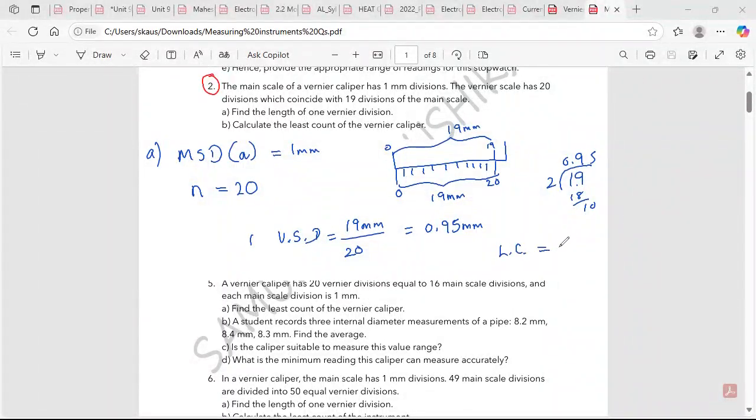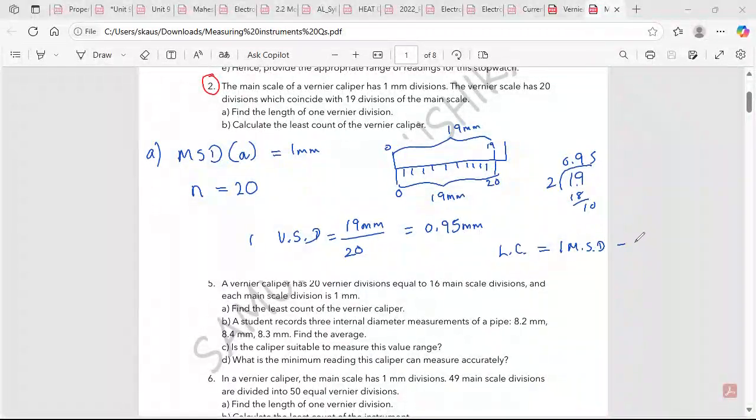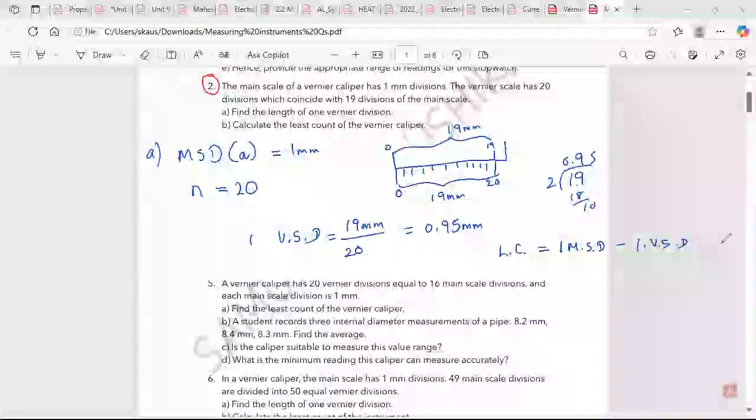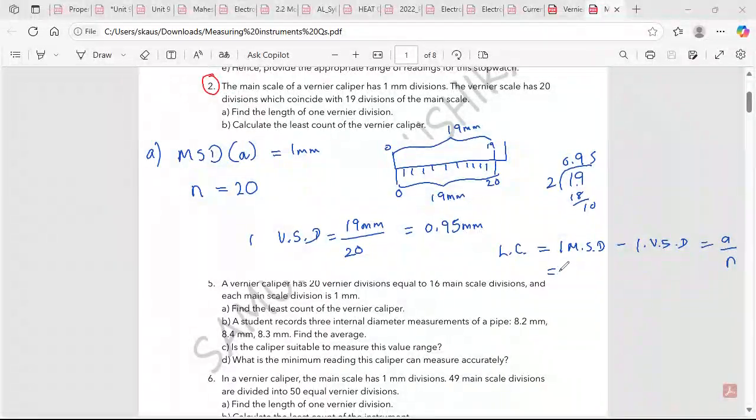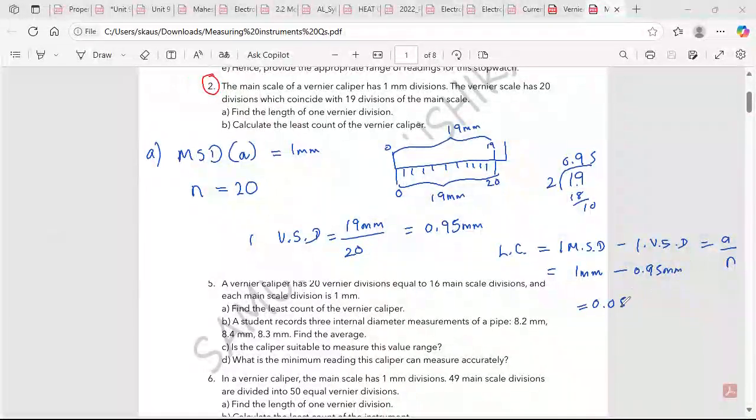Least count is equal to one main scale division minus one vernier scale division, or you can just apply A over N as well. Here one main scale division is 1 millimeter. One vernier scale division we just found is 0.95 millimeter. So 0.05 millimeter. You can use this to confirm.